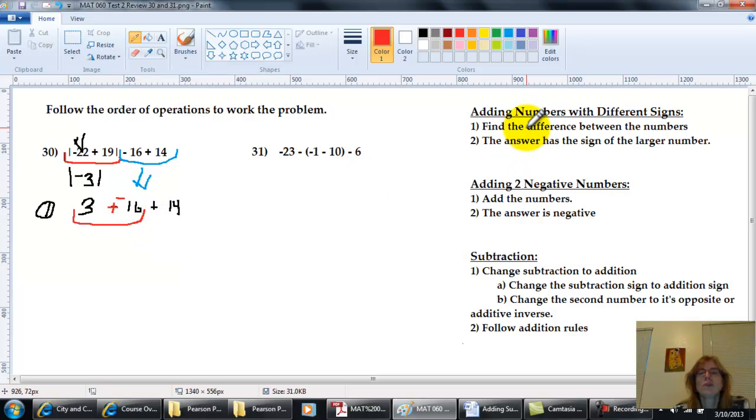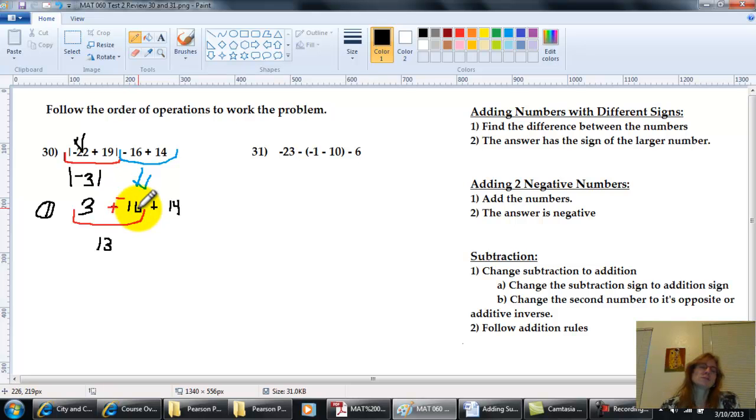We follow our rules for adding, so we find the difference between the numbers 16 and 3, and that's 13, and then we put the sign on the number 13 of the larger of the two numbers, meaning the larger of the absolute value of the two numbers.